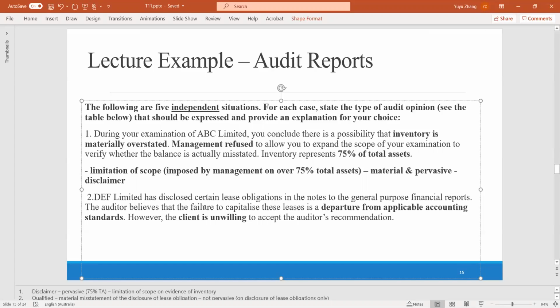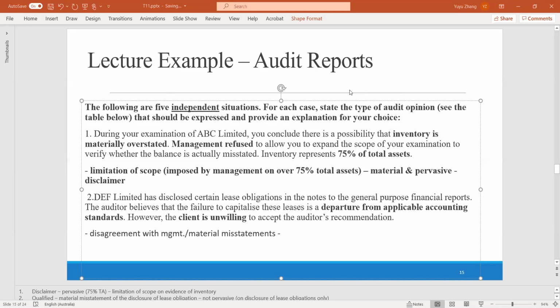DEF company. They disclose the lease obligations in the notes. The auditor believes failure to capitalize those leases is a departure from applicable accounting standards. However, the client is unwilling to accept the auditor's recommendations. So is this unmodified? Is this limitation of scope, or is this material misstatement? So this is a disagreement with management, or in other words, that is material misstatement, right?